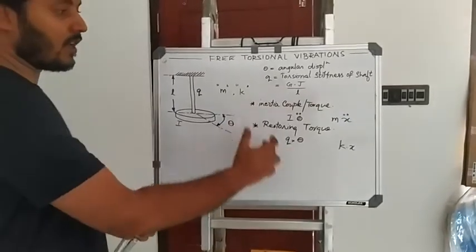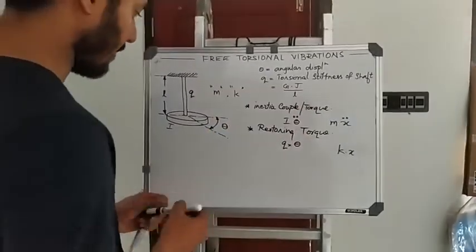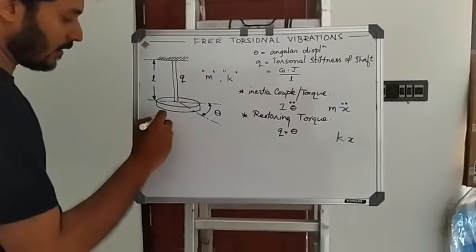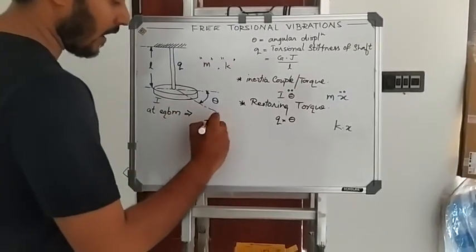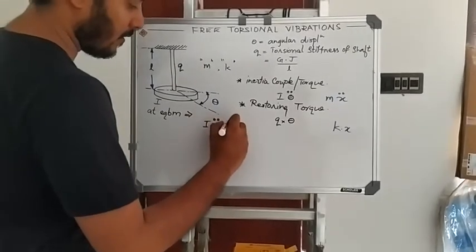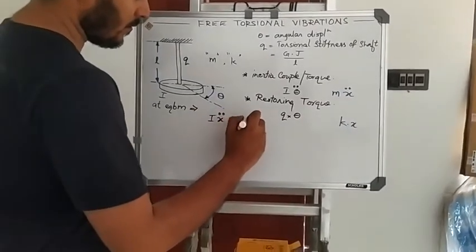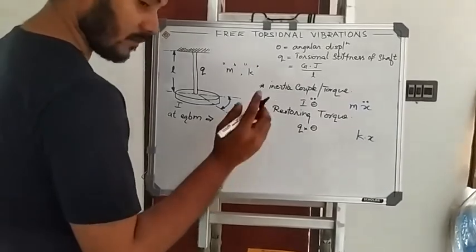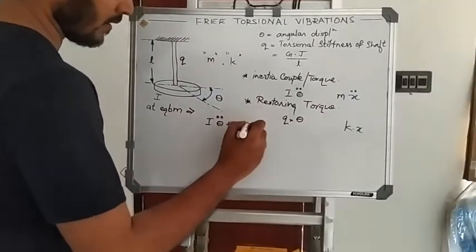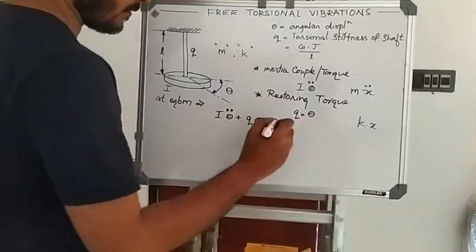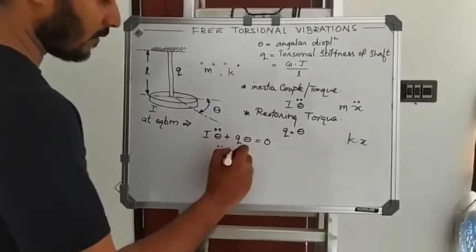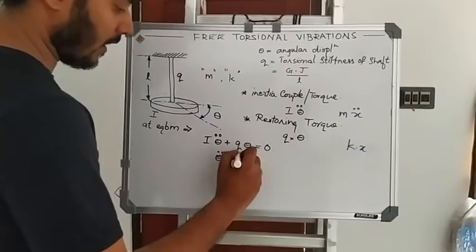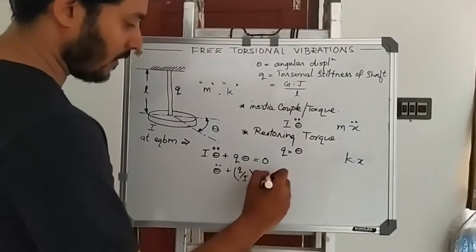Hence, if we combine these as the equation at equilibrium, we can write I theta double dot plus Q theta equal to 0. This can be written as theta double dot plus Q by I into theta equal to 0.